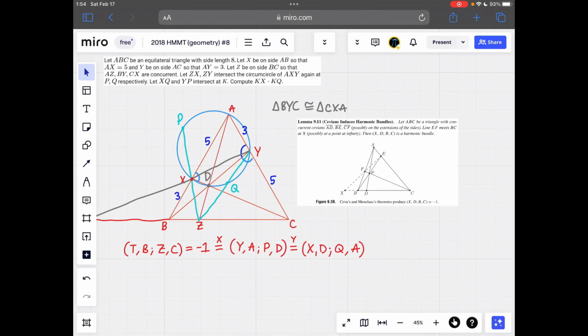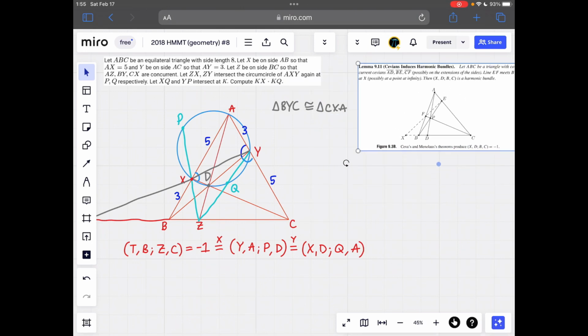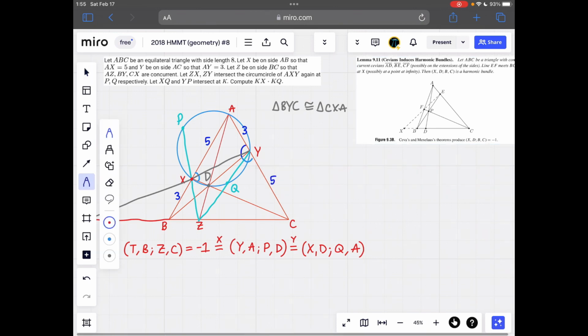So basically, the tangents to the circumcircle from two opposite points would intersect on the line through the other two vertices of the quadrilateral. You'll see what I mean when I draw the tangents at A and D.